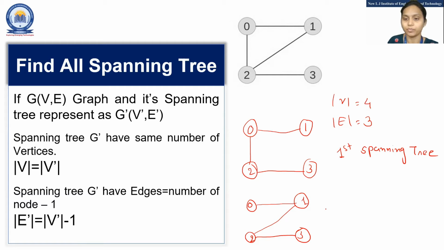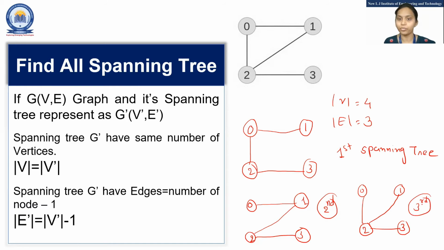So this is my second spanning tree. Anything else? Yes, I can draw. Yes, this is my third. Anything else left? No. So in three ways you can draw the spanning tree.